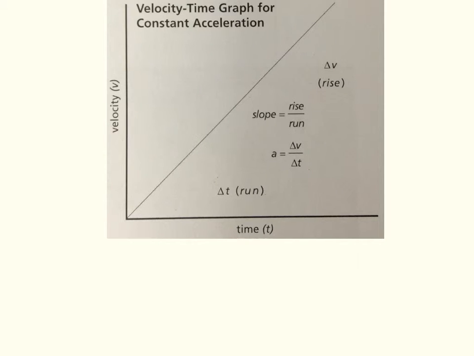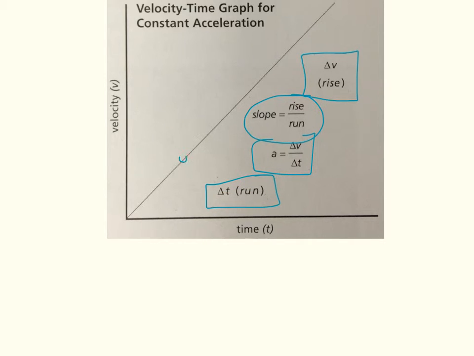Here you see a velocity time graph for an object that is speeding up. The velocity is increasing. We can also find the slope of this line, and that tells us some specific information. In this case, the slope of the line tells you the acceleration. When you find rise over run on a velocity time graph, the rise is the velocity, the run is the time.